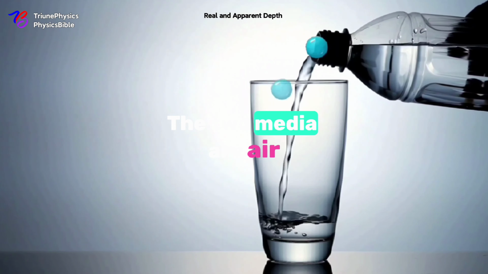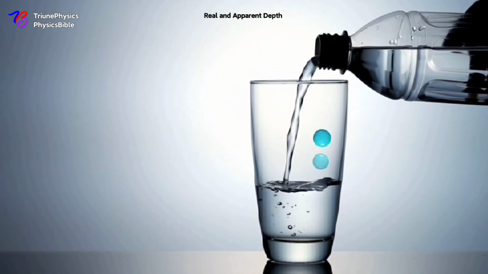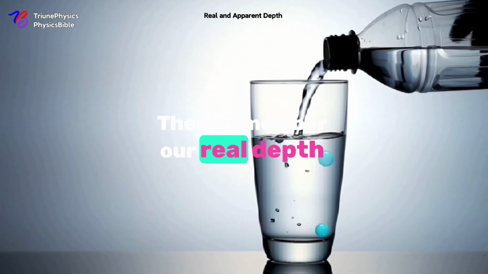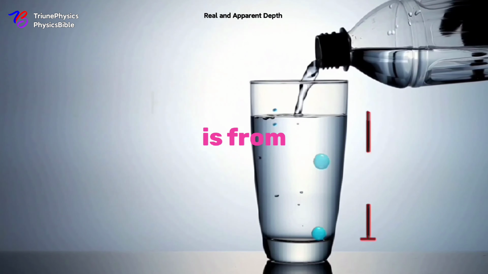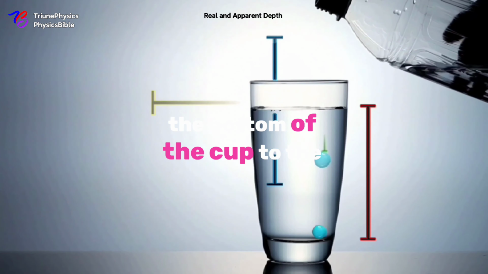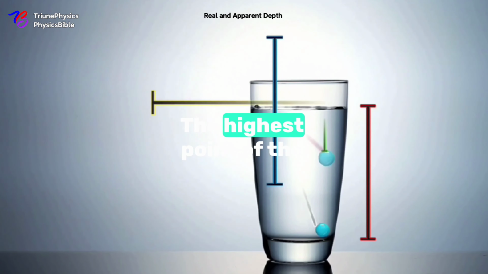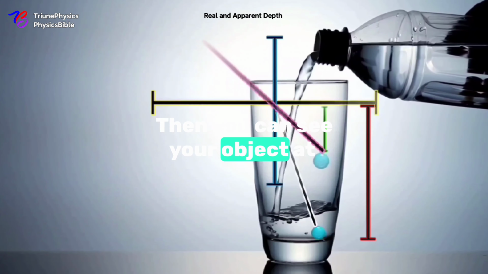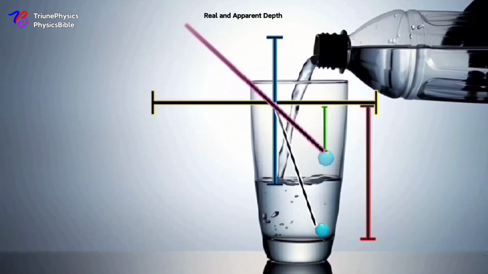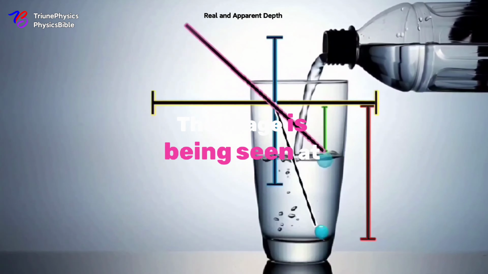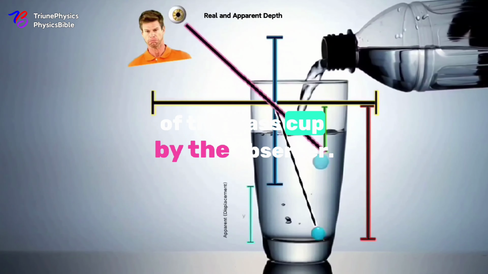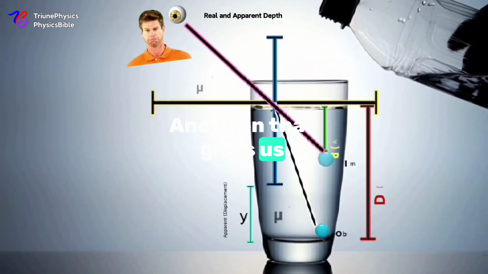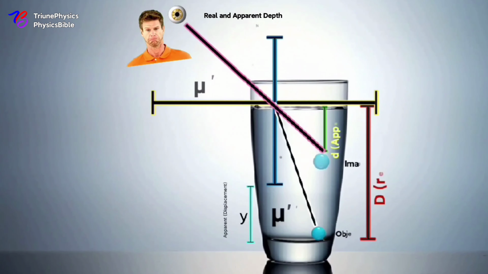The two media are air and water in the glass cup. Then remember, our real depth is from the bottom of the cup to the tip of the water. The highest point of the water is the real depth. Then you can see your object at the bottom of the water. The image is being seen at the midpoint of the glass cup by the observer, and that gives us apparent depth.